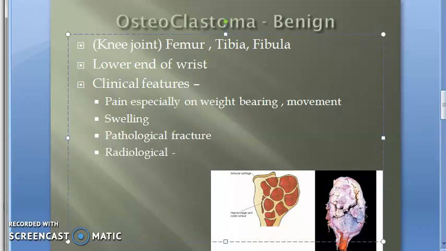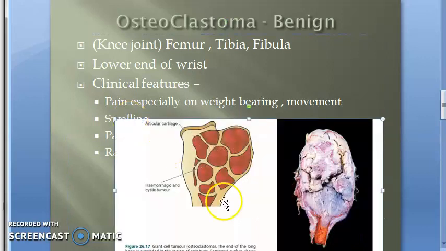Radiologically, what you will see, that also we can write here. Radiological features of giant cell tumor: large lobulated osteolytic lesion at the end of the long bone, with characteristic soap bubble appearance. You will see soap bubble appearance where? End of long bone in the epiphysis, right? Here can you see the soap bubble appearance? Something like this.